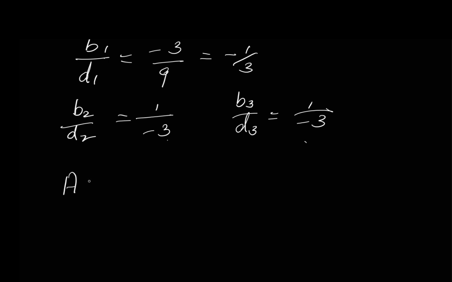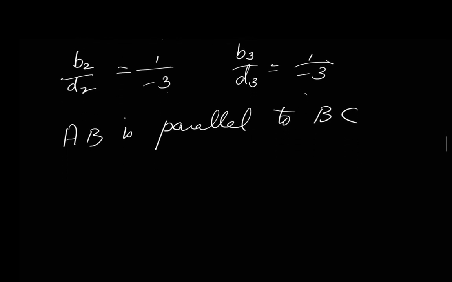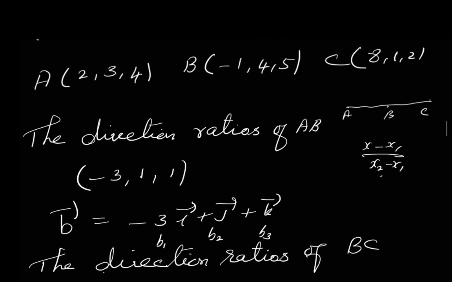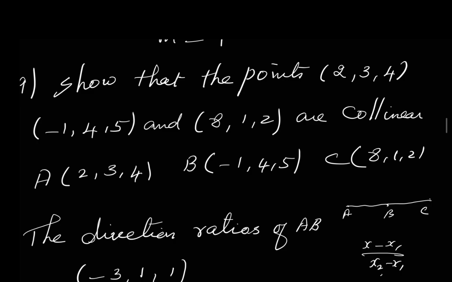So in that case AB is parallel to BC. See, you have the common point B here. Therefore, they lie on the same line. That means they are collinear.